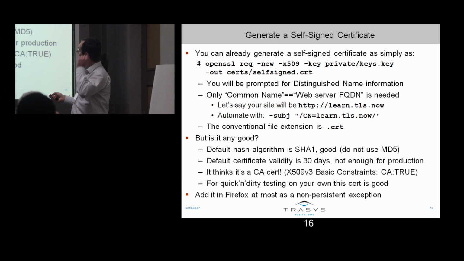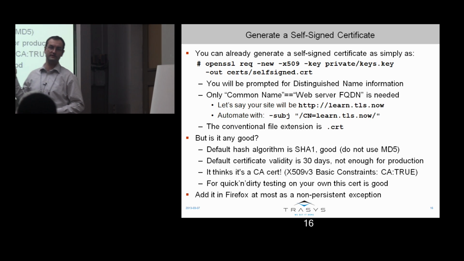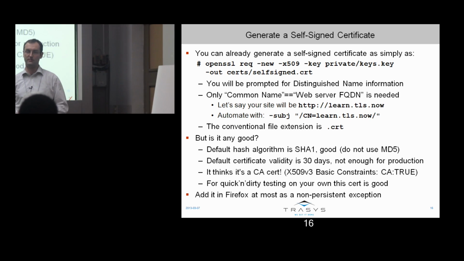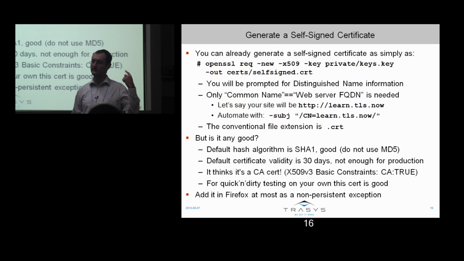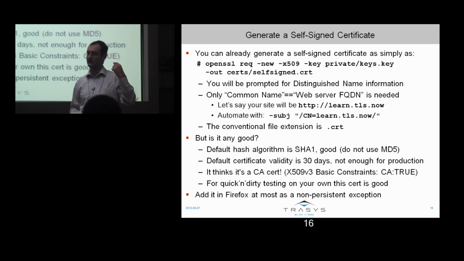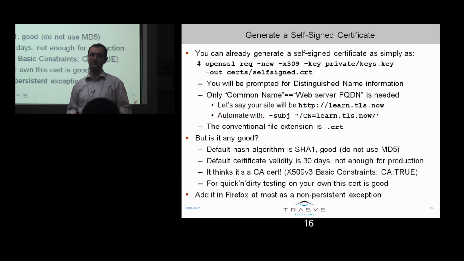And the conventional file extension for certificates, at least the way I saw it on Apache and OpenSSL, seems to be .crt, certificate. Earlier, when we generated the key pair, the extension seems to be .key, but I've also sometimes seen .pem, which is an indication of the file format, of the encoding of the key.